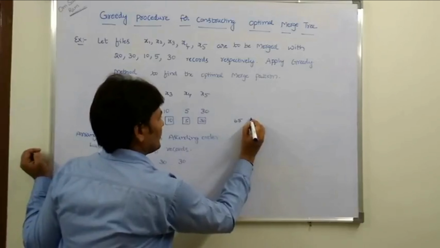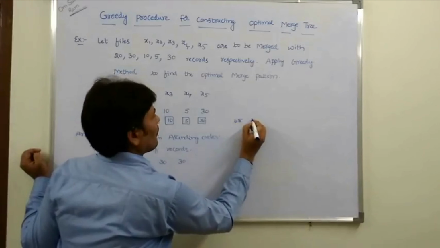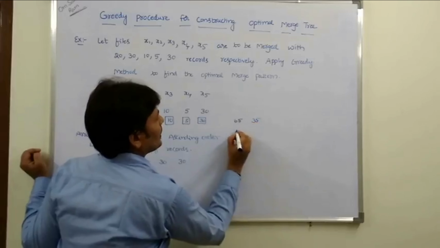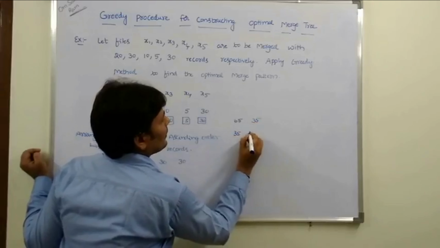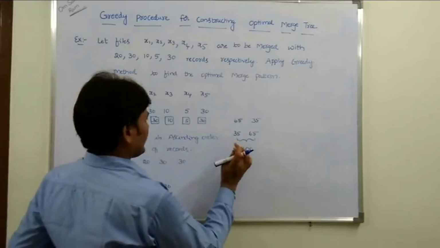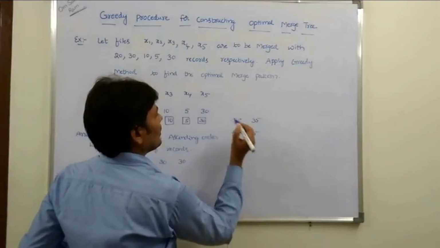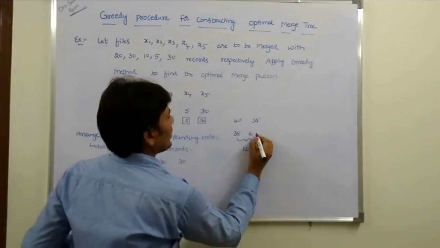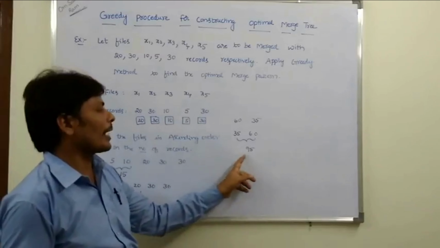So that is 35, 60. Now we are merging these two smallest sized files: 60 plus 35, that is 95. So finally we are getting 95.